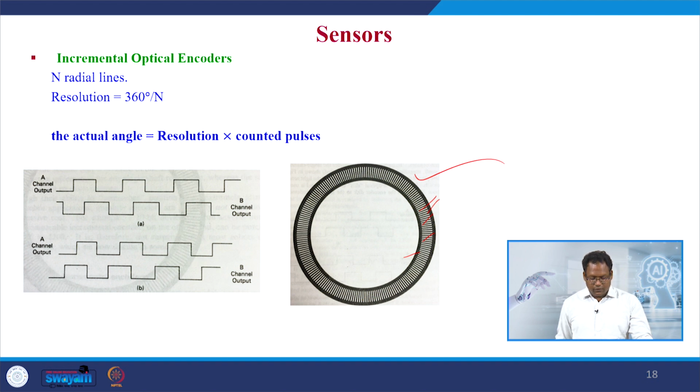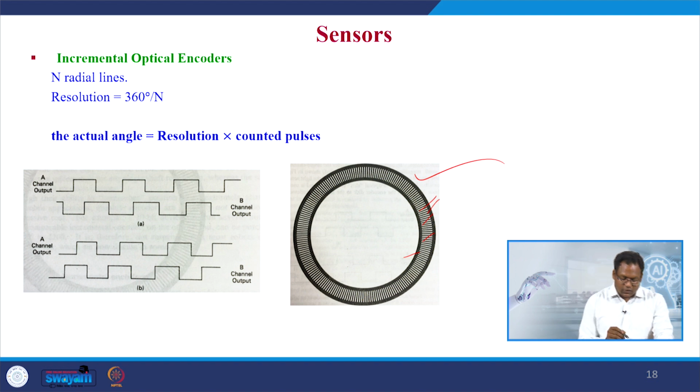So, we receive the pulses from channel A and channel B, which means that two adjacent receivers each get pulses.